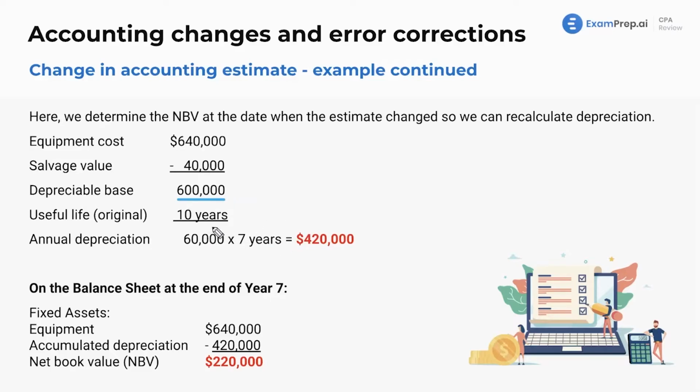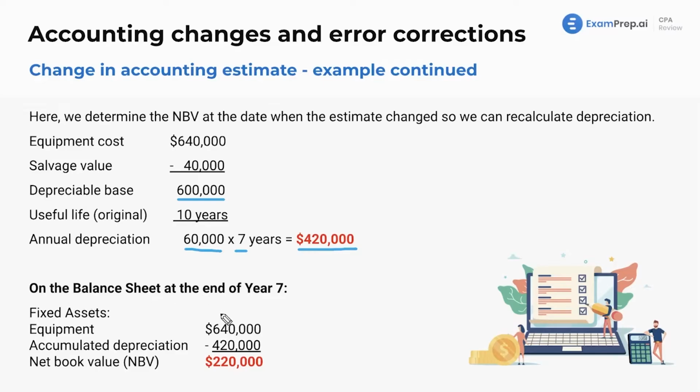And if everything went to plan, it was going to be over 10 years, which is $60,000 a year. Well, it would have been 10 years, and that would have been the full amount. But so far, what has happened? We did $60,000 a year for 7 years, which means that our accumulated depreciation sits at $420. So what do we do from now?